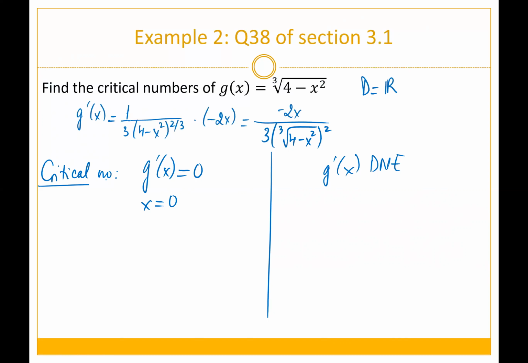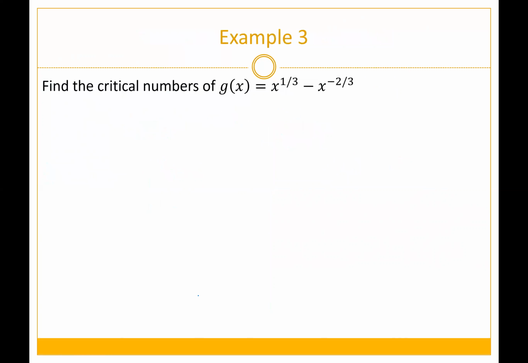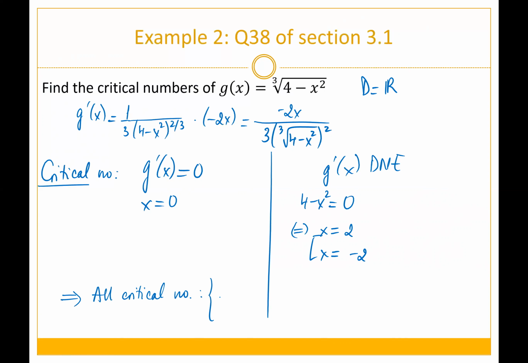Now, when it does not exist, you have to find where 4 minus x squared equals 0, so x equals 2 or x equals negative 2. So all the critical numbers are negative 2, 0, and 2. That's the step you're going to do if you are asked to find all of the critical numbers.